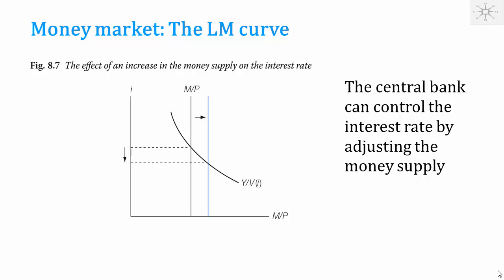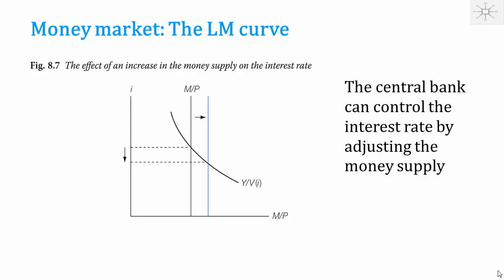And the central bank can control the level of money. So by increasing the money supply, the central bank can reduce the interest rate, as is illustrated in this diagram here. In practice, the way the central bank does that is by lending.